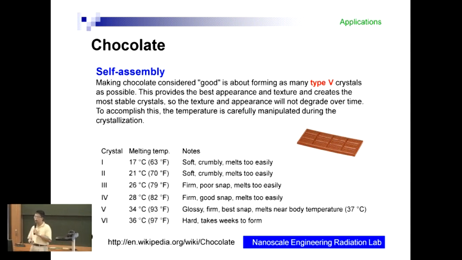But if you don't know how it self-assembles, you just freeze it in the refrigerator, the temperature cools down right away. The type V cannot form uniformly, so most of it is not type V. Then you think, how come the chocolate changed? No, it's the same chocolate, except its assembly shape or form is not the same. So you don't like the chocolate that melted and then froze back.